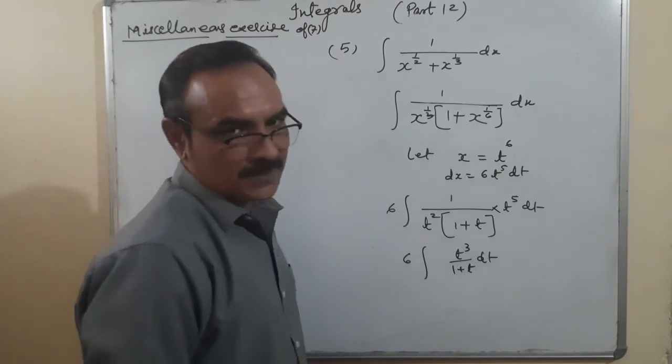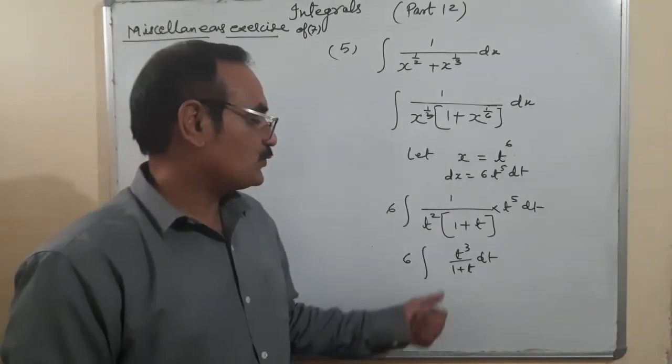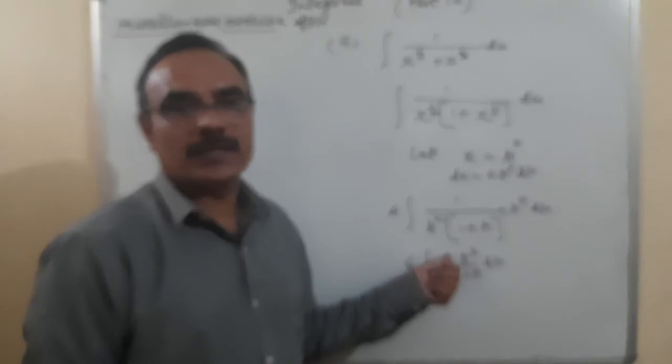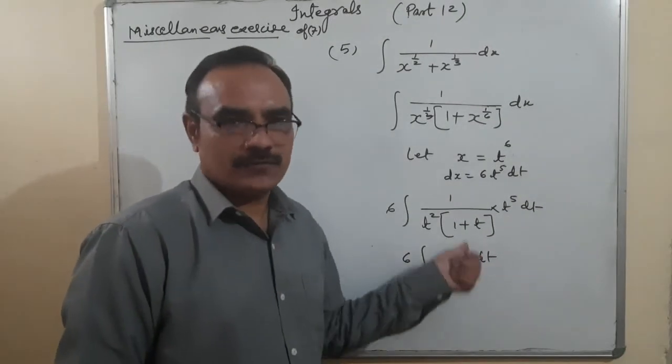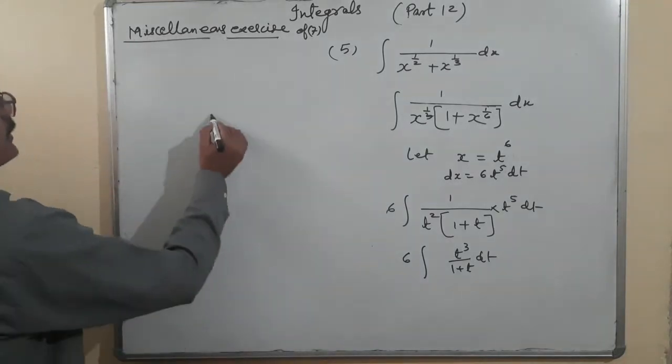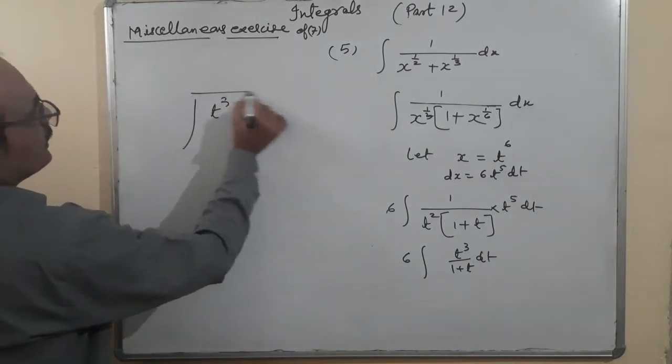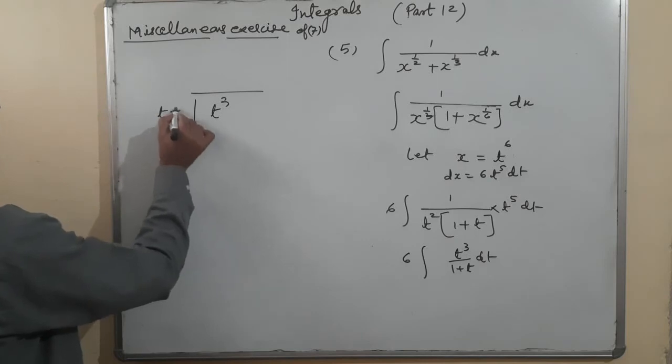And now it becomes simple using partial fraction, but you can see that the power of the variable in the numerator is more than the power of the variable in the denominator. First of all, we will divide it. So t cube, divide this t cube by t plus 1. Okay.